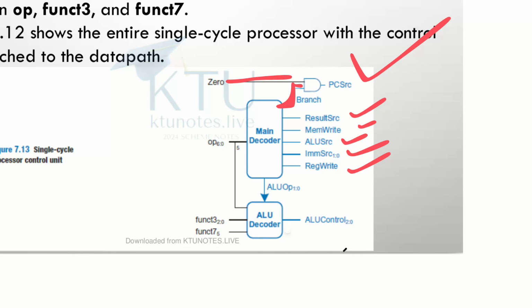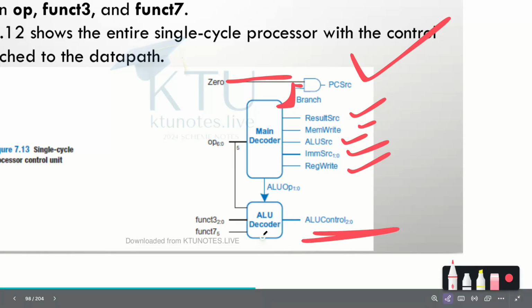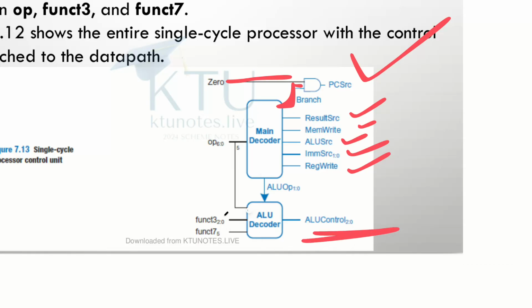Now the ALU decoder has this ALU control. This diagram you have to learn, where you are dividing it further into a main decoder and an ALU decoder. You are going to divide in such a way that you have a main decoder and an ALU decoder. Like that you will be dividing that.